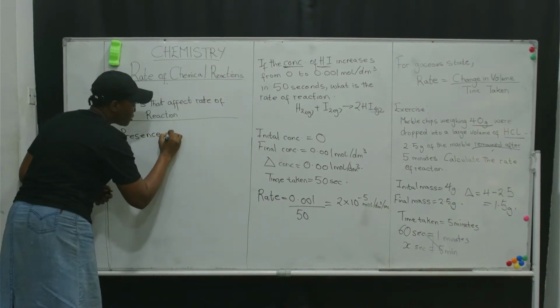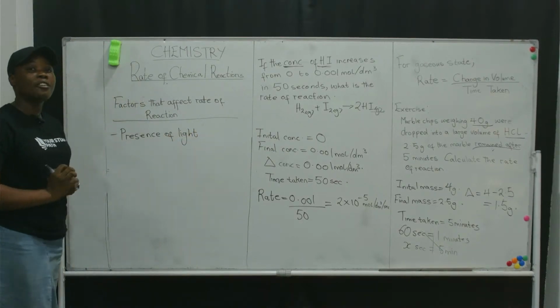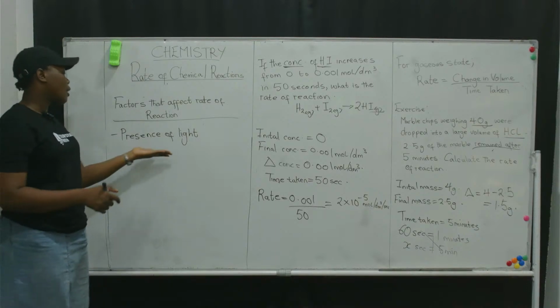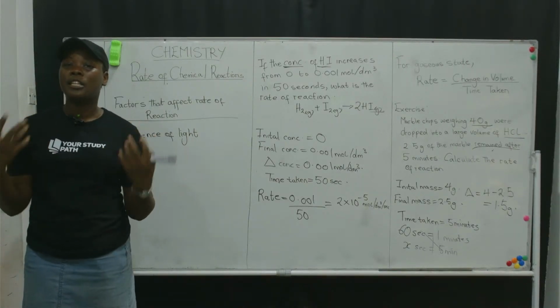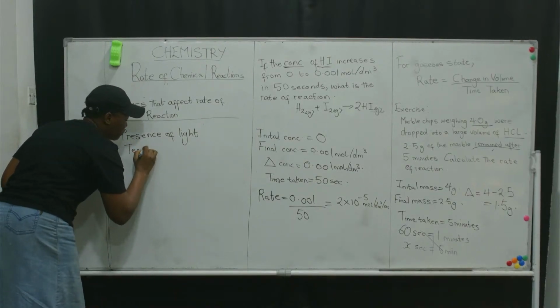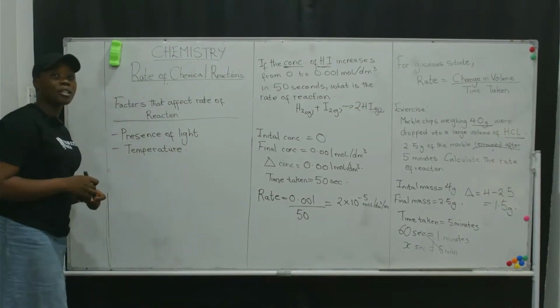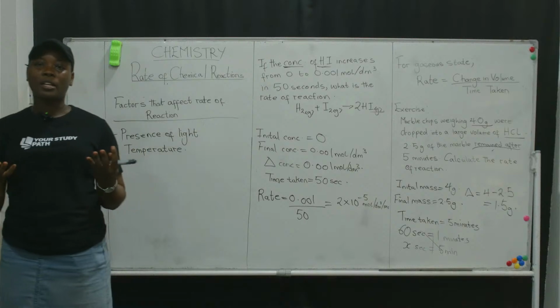Reactions like chlorination of methane and photosynthesis require light, and also heat. And so when we want to write it, we say temperature. Increase in temperature will bring about increase in rate of reaction.